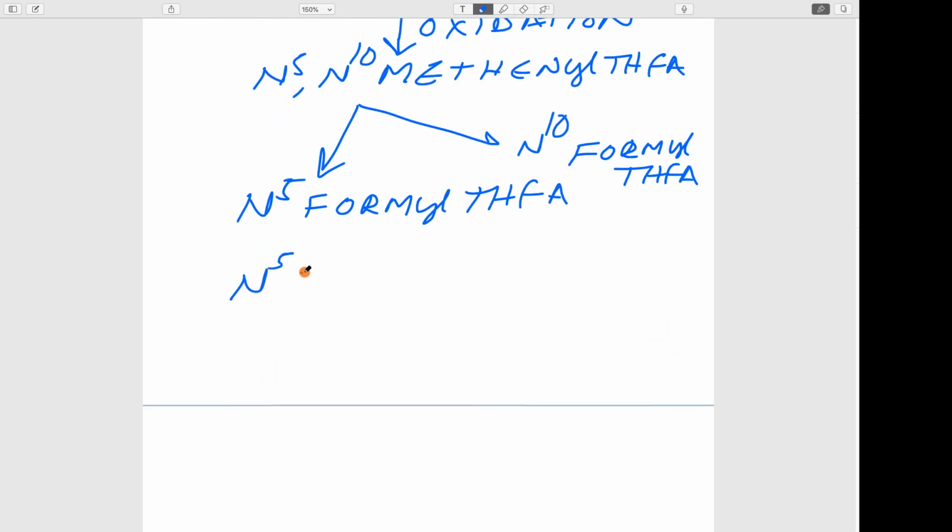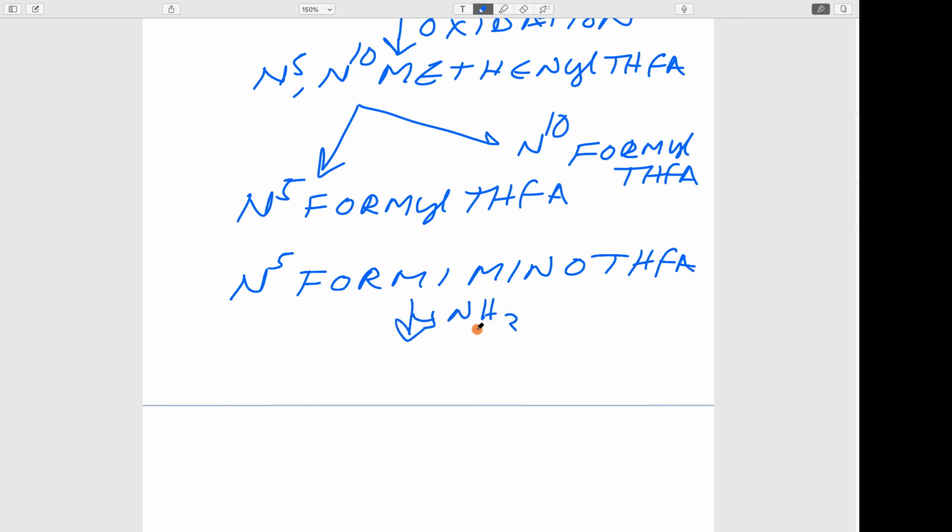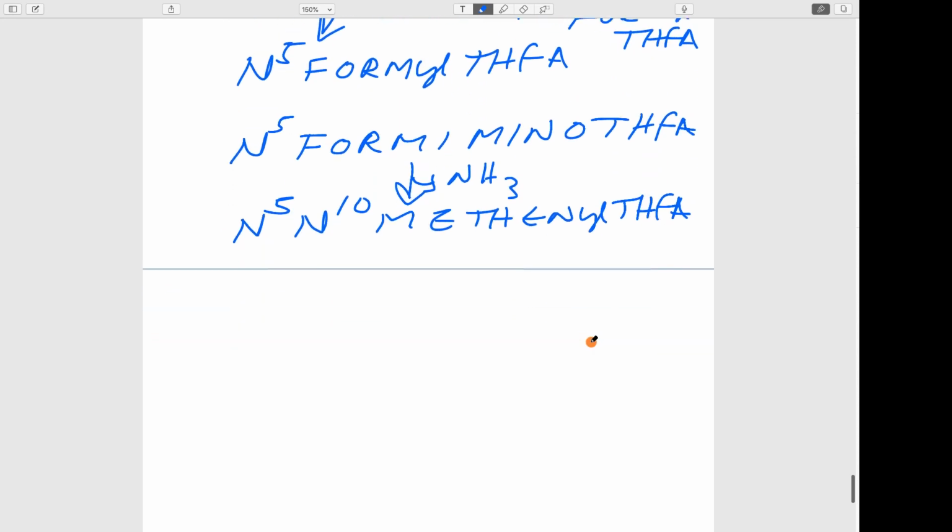N5-formimino THFA. Then what will happen if we remove this NH3 group? It can give the N5, N10 methenyl THFA. Okay, so this is another form of interconversion.